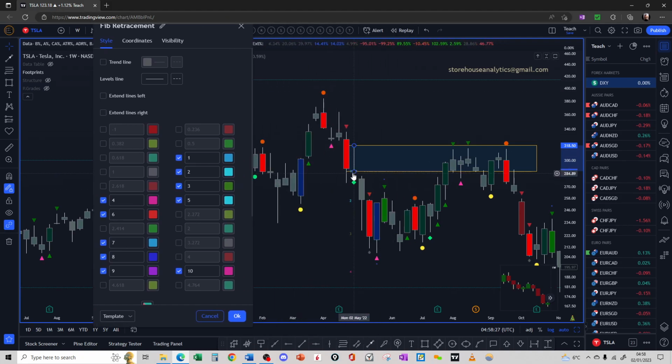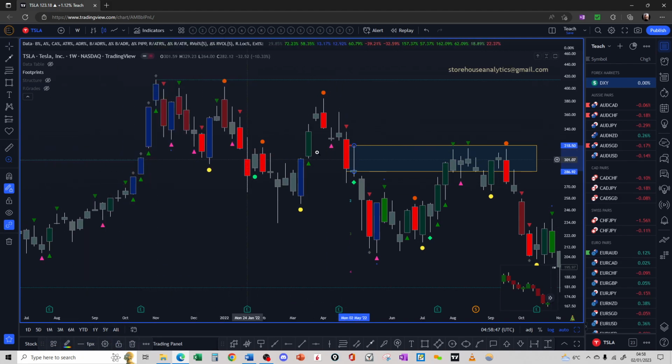So 1 is where the proximal line will be. In fact, let me put 0. Let's put 0 in so you can see 0 as well. You might not be able to see it there, but it's right there in the red.